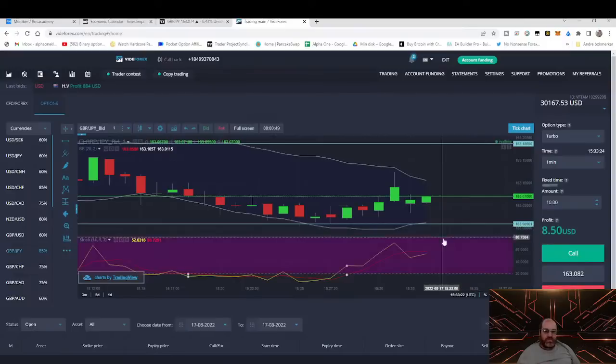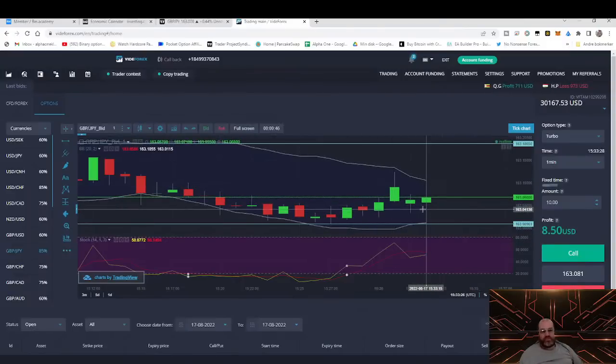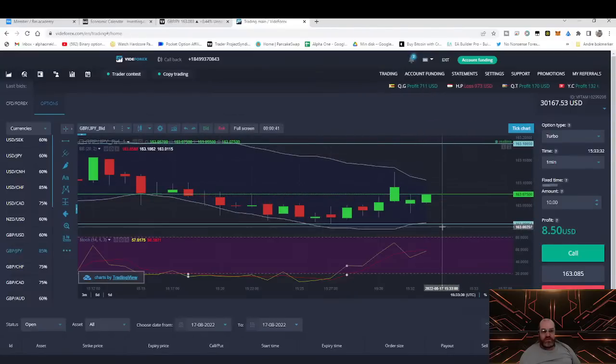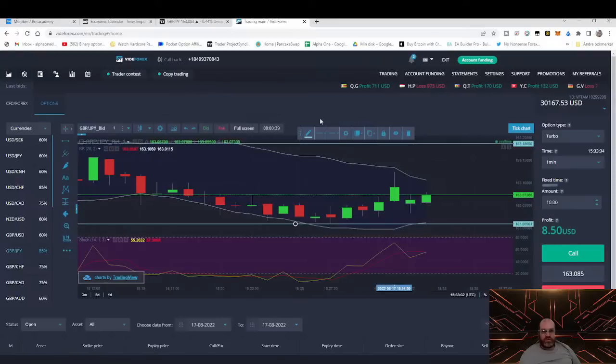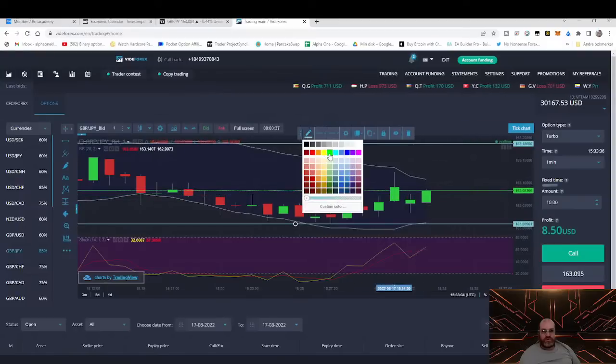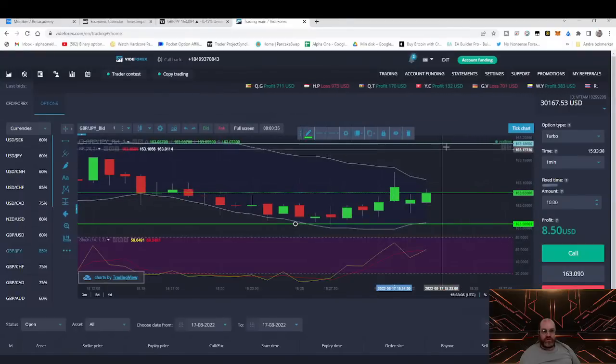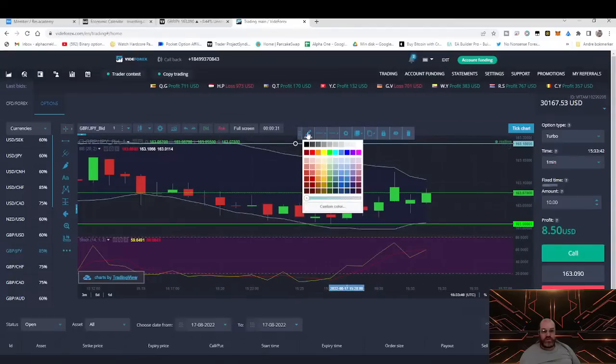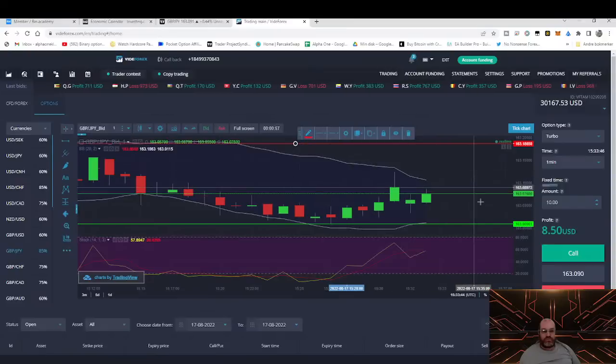So how is it now? To take a trade, we are looking for three things. You have these two. We can make this one green for call, and up here we can make this one red for put.